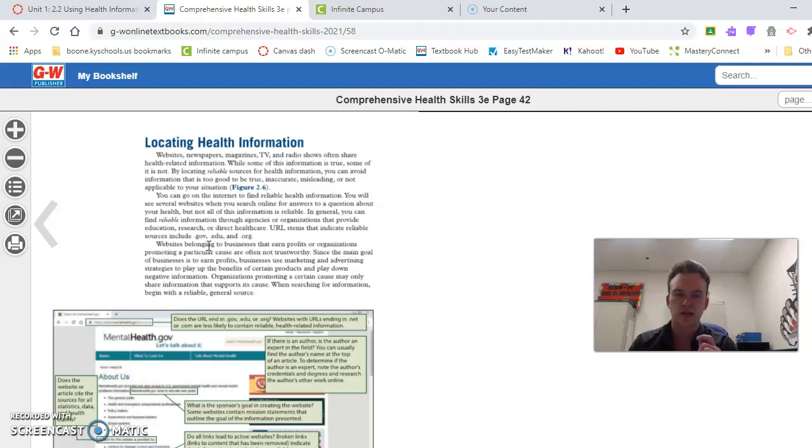.gov, .edu, and .org websites are generally nonprofit, or they have peer-reviewed research in order to have that domain name. So .gov is obviously sponsored by our federal government. .edu is generally a college or higher learning institution, and .org is often nonprofit.